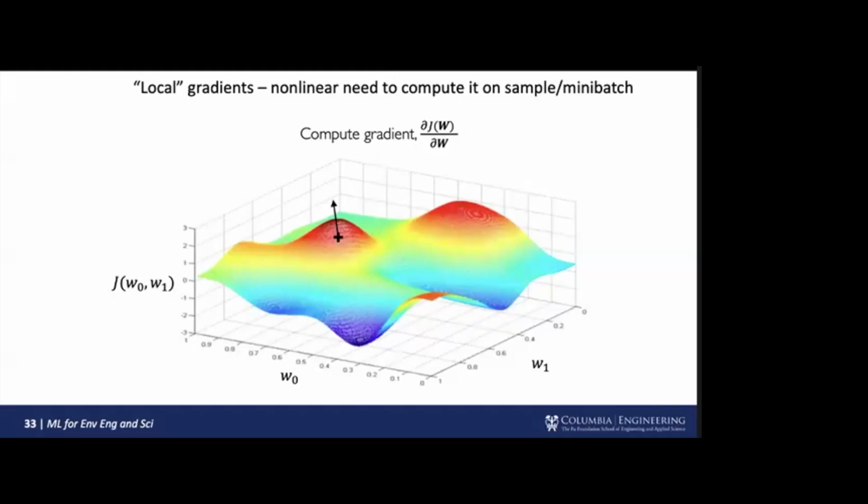Because neural networks are nonlinear, this gradient is local. It depends on where we are on the loss surface and on the specific data we use. In practice, we compute the gradients using a single sample or a small batch of samples. We call this a mini batch. The gradient is what guides each step of training.